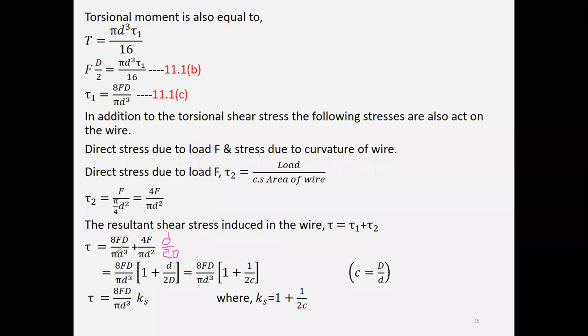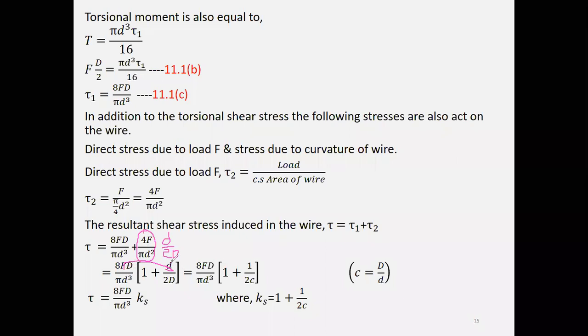Now in this, if you take this 8FD by pi d cube outside, this is the remaining one. Otherwise, whatever you have taken outside the bracket, if you take it inside, you will get the original one, that is 4F by pi d square. Let me do that.